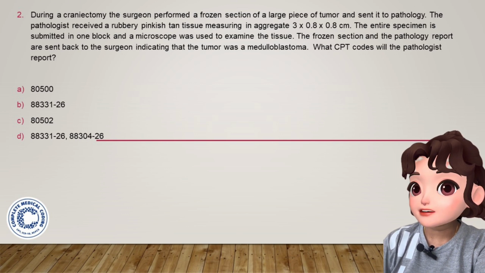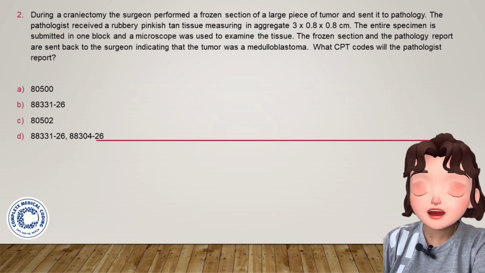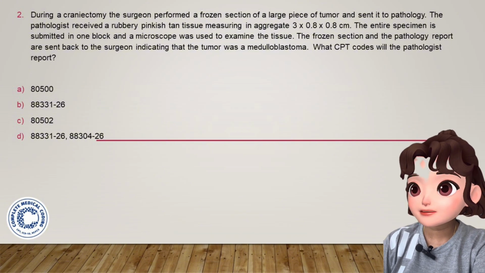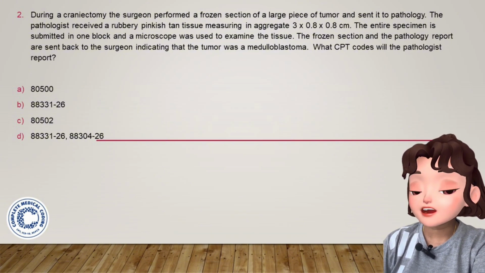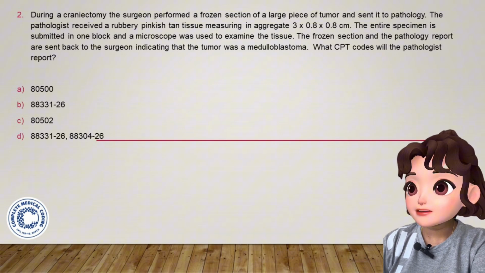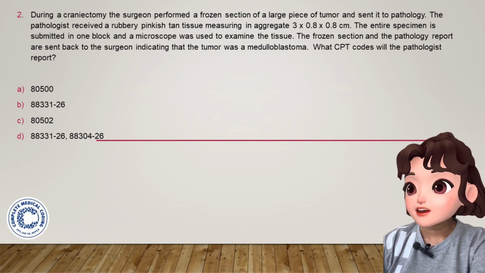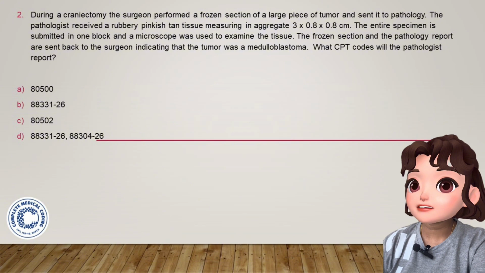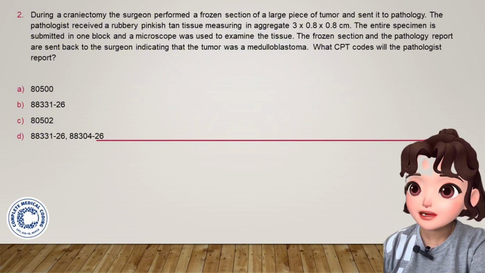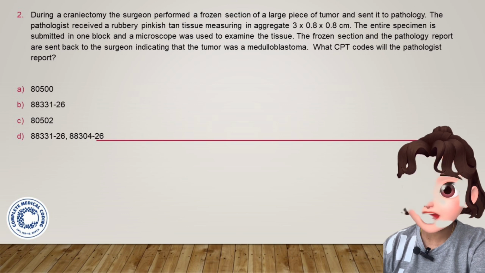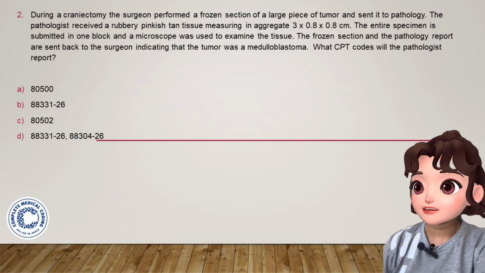We have only one specimen, we don't have any first section or second section. We have only one frozen section. The measurement is mentioned there, and that entire specimen is submitted in one block. So this is the first tissue block, because we have only one sample.